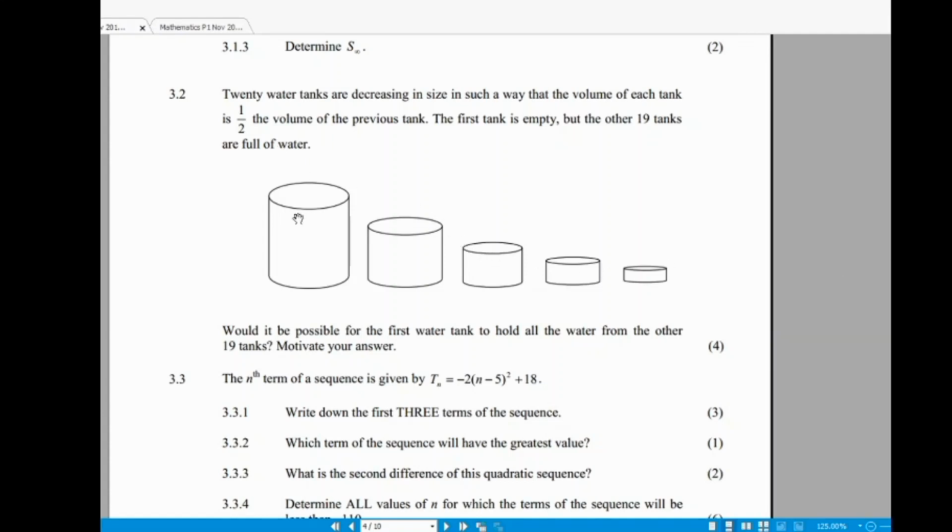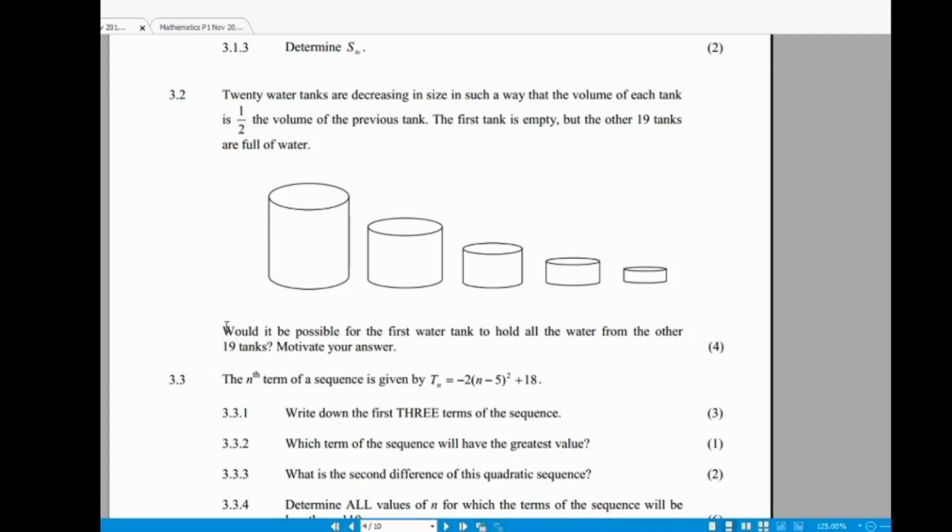If you know the volume of the first tank, you can determine the volume of the second tank. Notice the way this progresses, it forms a geometric sequence, because to get the volume of the next tank you take half the size of the previous tank. So this is a geometric sequence with a common ratio of 1 over 2.